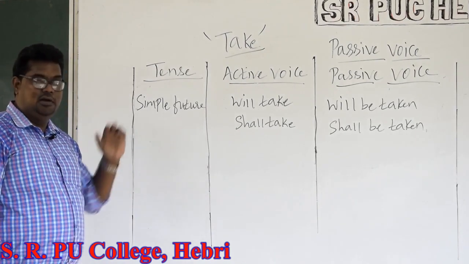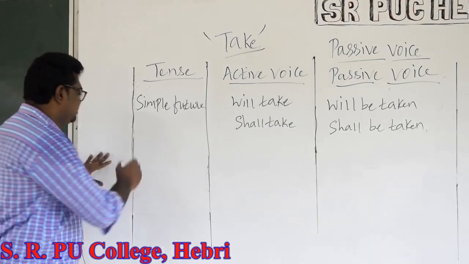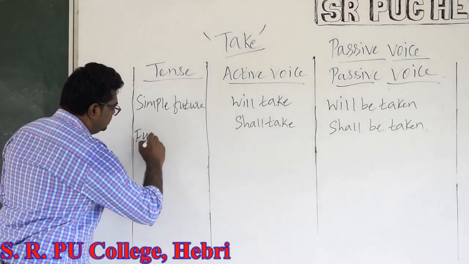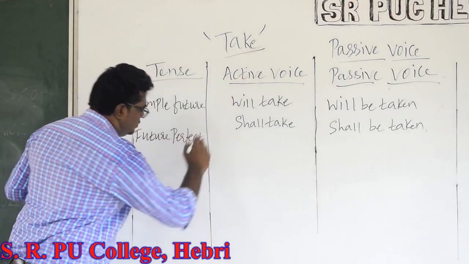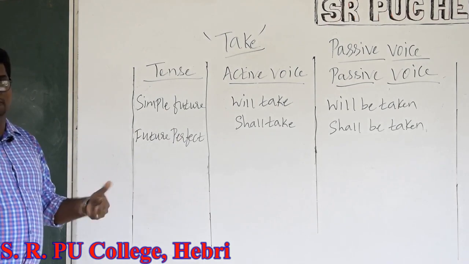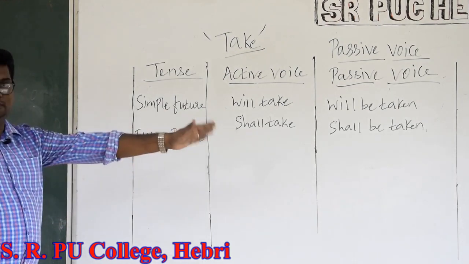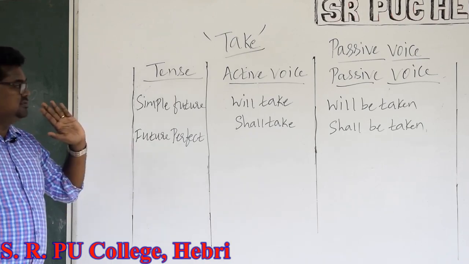Now the next subdivision under future tense is future perfect tense. We won't be using future continuous tense because it's really difficult to change a sentence from active to passive voice under future continuous. So we'll shift to future perfect tense.